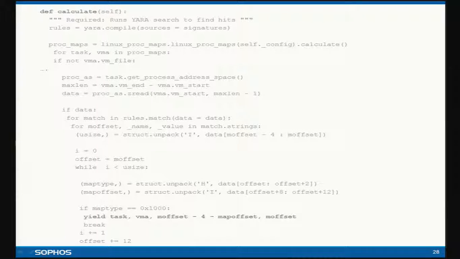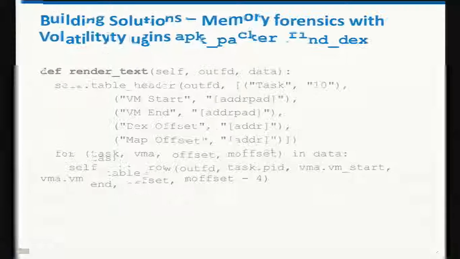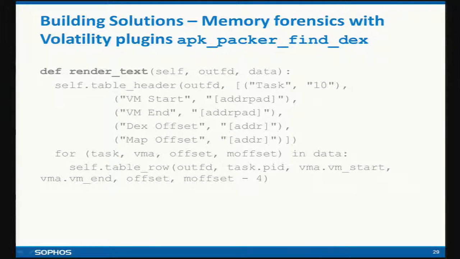Then we're using yield to generate outputs. These outputs include the task ID, virtual memory address, offset of DEX header, and the map list offset. The last function, render_text, will accept outputs and print data on the screen in the standard fashion.